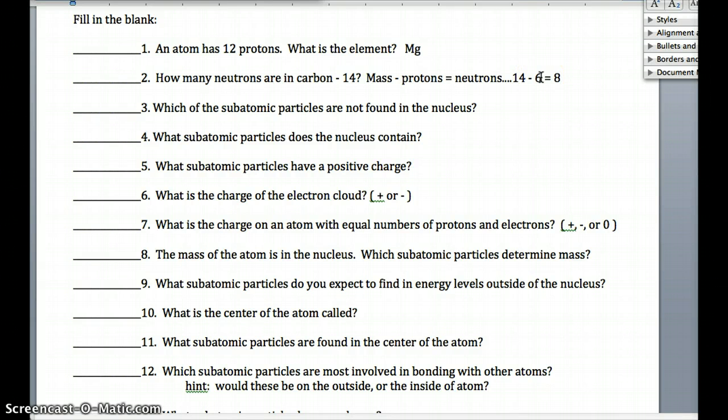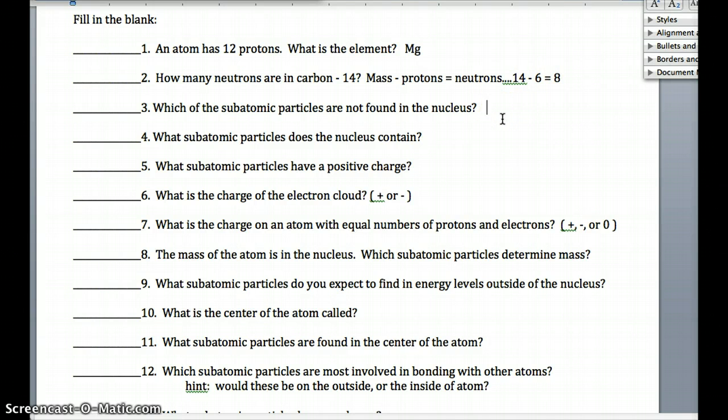The 6 is the atomic number of carbon, the 14 is the mass number in this case. The periodic table will say carbon has a mass of 12, but this is an isotope of carbon that has 2 extra neutrons. That's why the mass is 14.